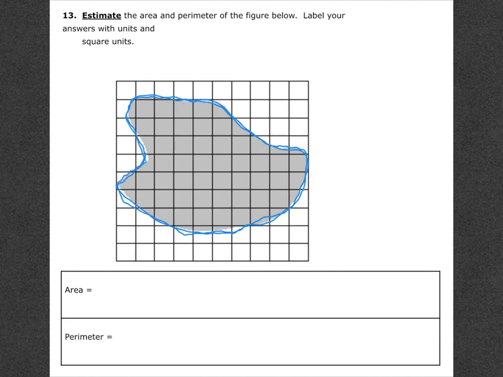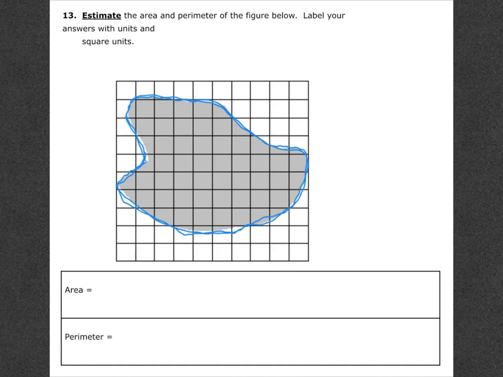So what you need to do is, like for area, right? A good strategy would be to count the squares. But now you want this estimate to be as close as possible. So think about how you're going to estimate when there isn't a full square there. How will you count that? For the perimeter, it becomes a little bit trickier.